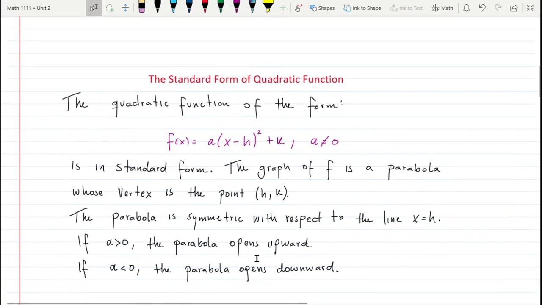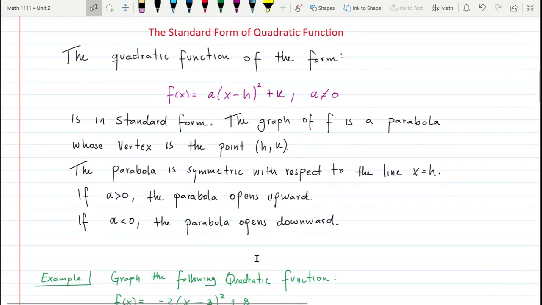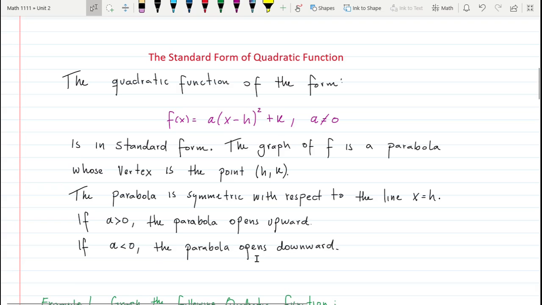When we talk about the standard form of a quadratic function, we mean it's a quadratic function in a special form. And that special form is this one right here, where there's a number times something in parentheses, and it's going to be x minus h, and all of that is going to be squared plus a number k, where the coefficient a cannot be 0, otherwise this would not be a quadratic function.